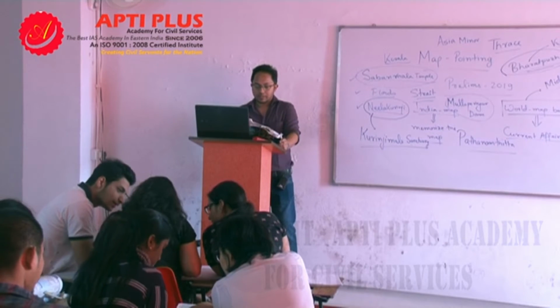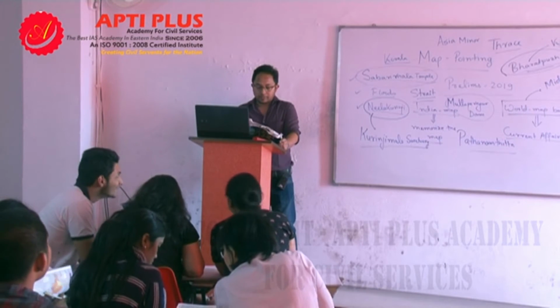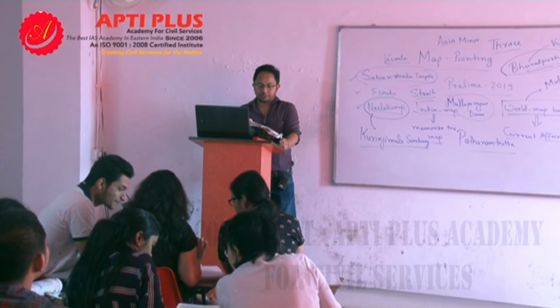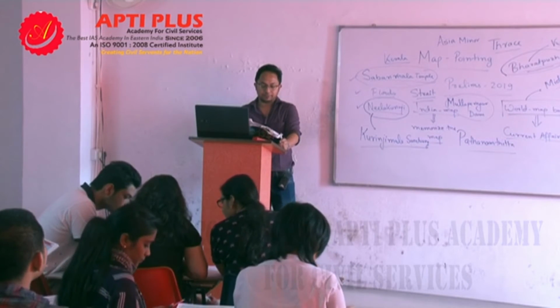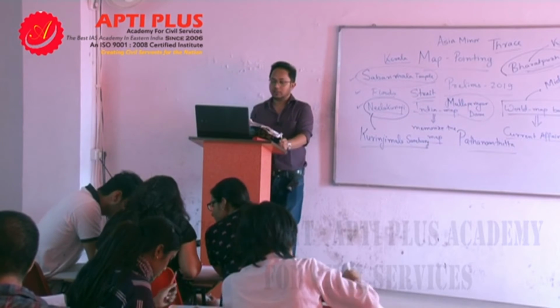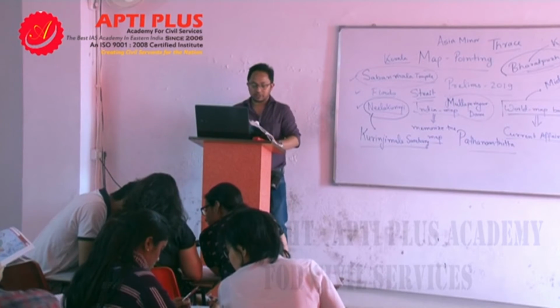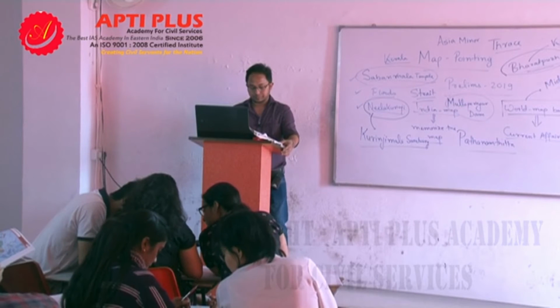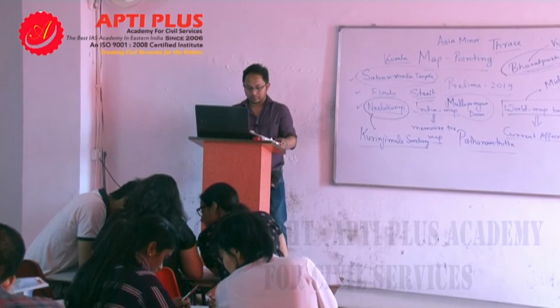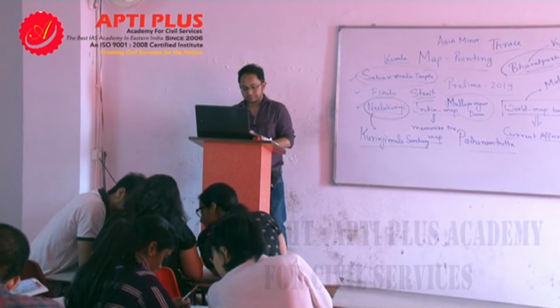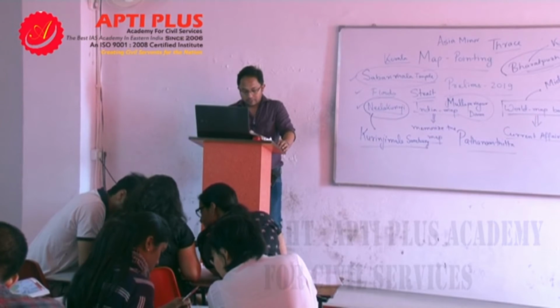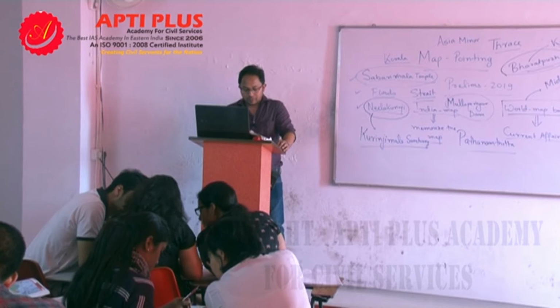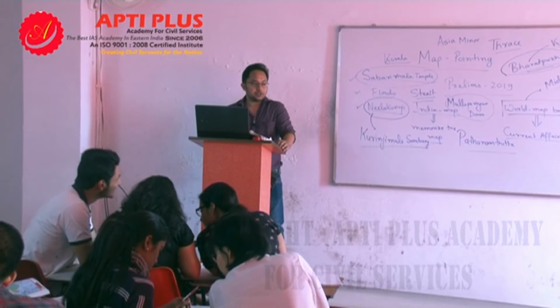Next, if you look at the different countries which are present, tell me which are the bordering countries that we have for Turkey. To the northwest, which are the countries that we have?